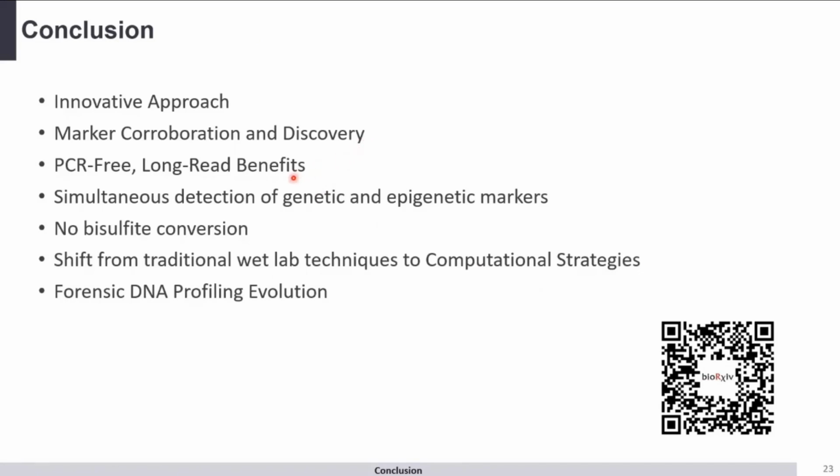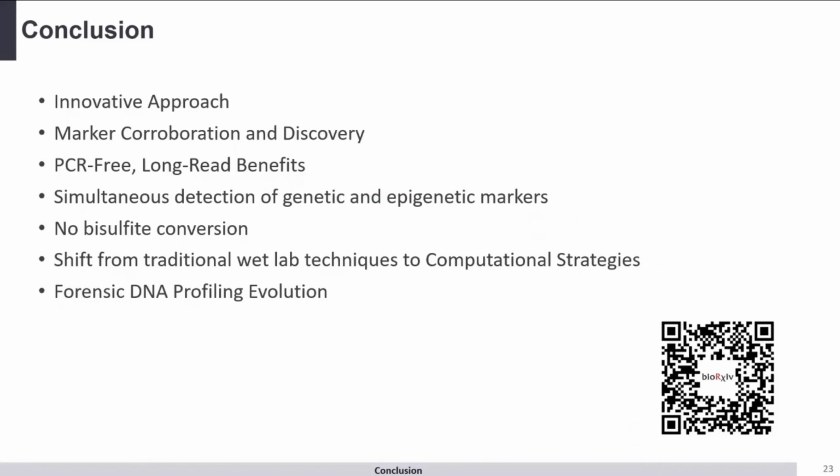Our method also offers numerous benefits over traditional techniques. By adopting a PCR-free long-read approach, we have reduced laboratory preparation steps, minimized PCR artifacts, and increased the number of marker assays in a single assay. Importantly, this technology allows us to evaluate the genetic and epigenetic markers simultaneously.